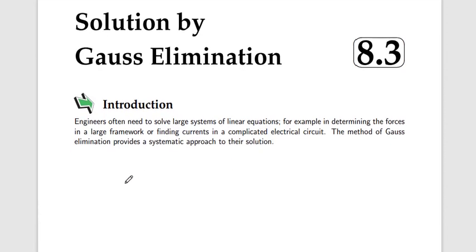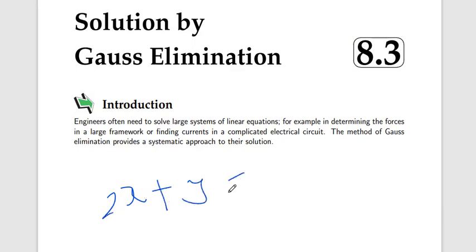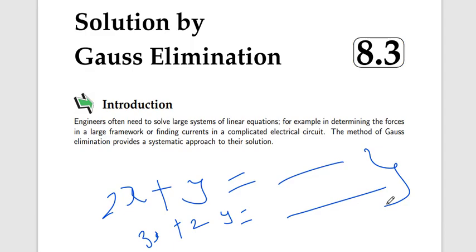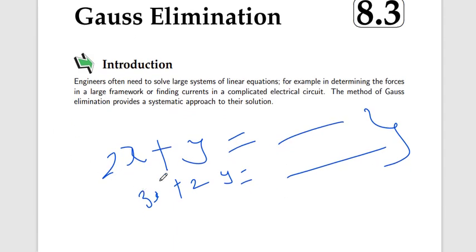You know about linear equations like 2x plus y is equal to something, and 3x plus 2y is equal to something, and we solve these types of two equations. This is called a linear equation.